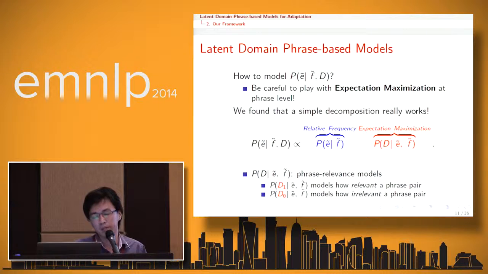But for the second, this is the cool thing: we can use expectation maximization to learn it. Before we go into the learning algorithm in detail, there are two kinds of D. P of D1 given phrase models how relevant a phrase pair is, and D0 given phrase models how irrelevant a phrase pair is.